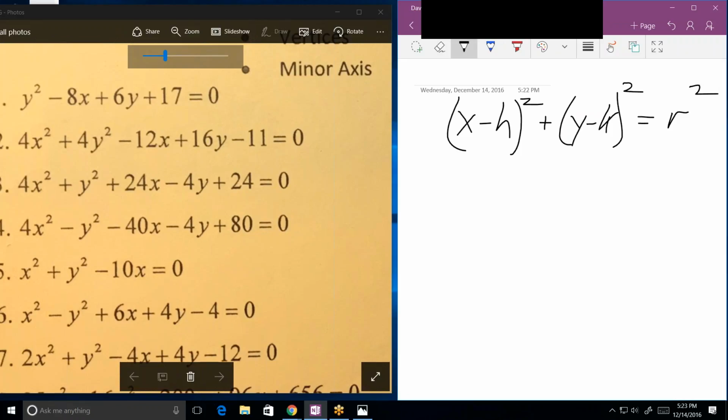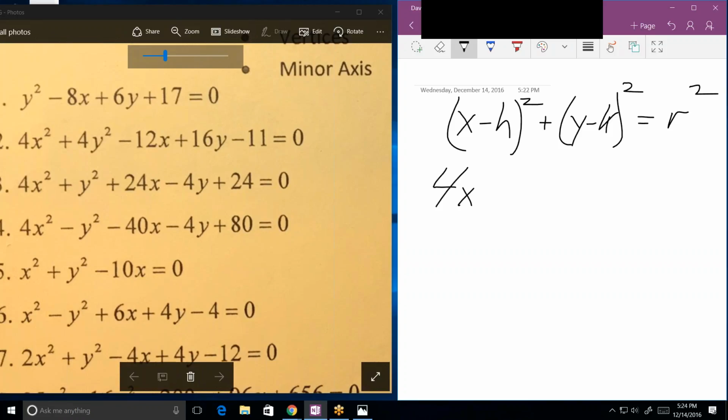So this number 2 is a circle. Do you see how you're going to get it into this format? Yeah, you're just going to put your x's together, your y's together. You're going to complete the square. You're going to put the 11 on the other side. For every number you complete the square in, you got to... you know what, we better do this one because there's a little extra kink here that you have to be a little careful with.